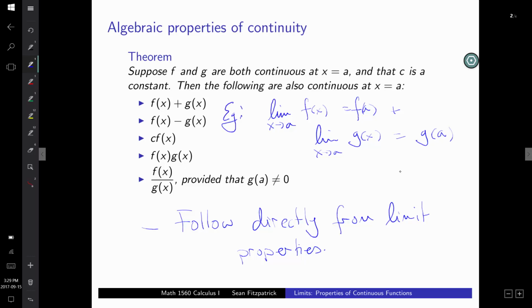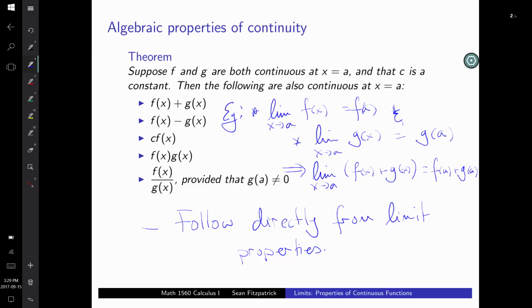So if these are our hypotheses, then you can say, well, what would happen if I took the limit as x approaches a of f of x plus g of x? Well, we would get the limit of f of x plus the limit of g of x, so we would get f of a plus g of a. So we get the value of the function at that point. Right? And similar arguments are going to get you all the rest of these properties.